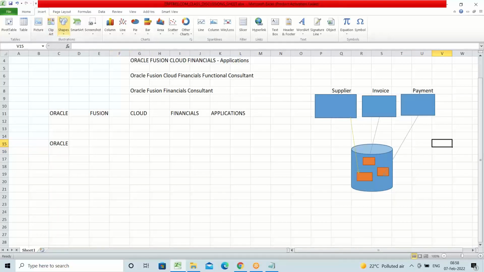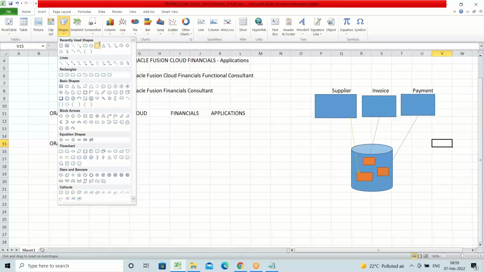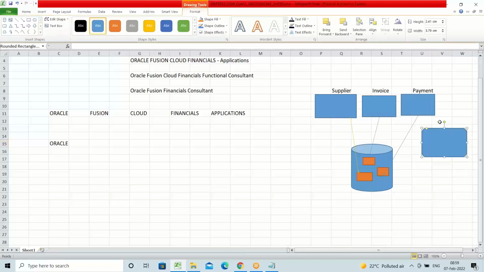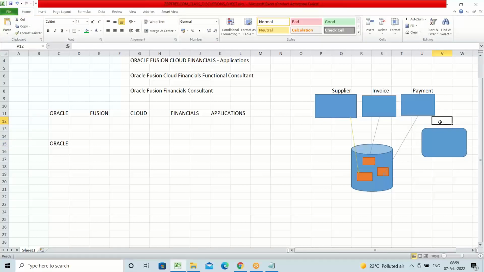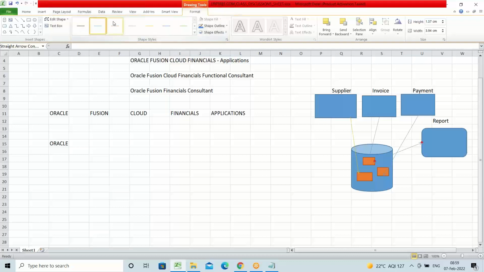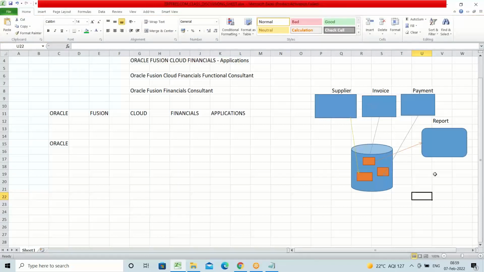For that, you can use the concept called a report. The reports also will be connected with the relevant tables, one or multiple tables. So you want to see invoices data. This table will be connected with this report. If you want to see invoice data, you can run the invoice report.